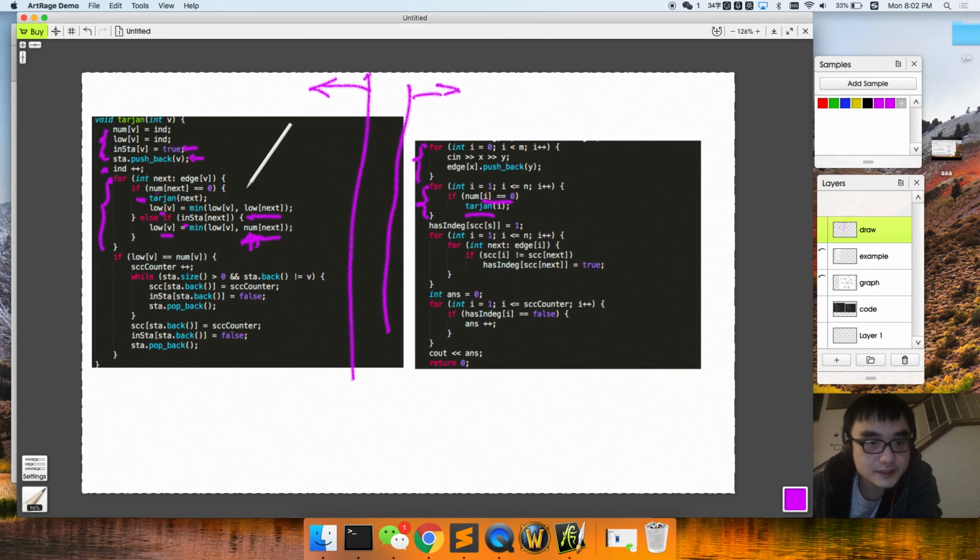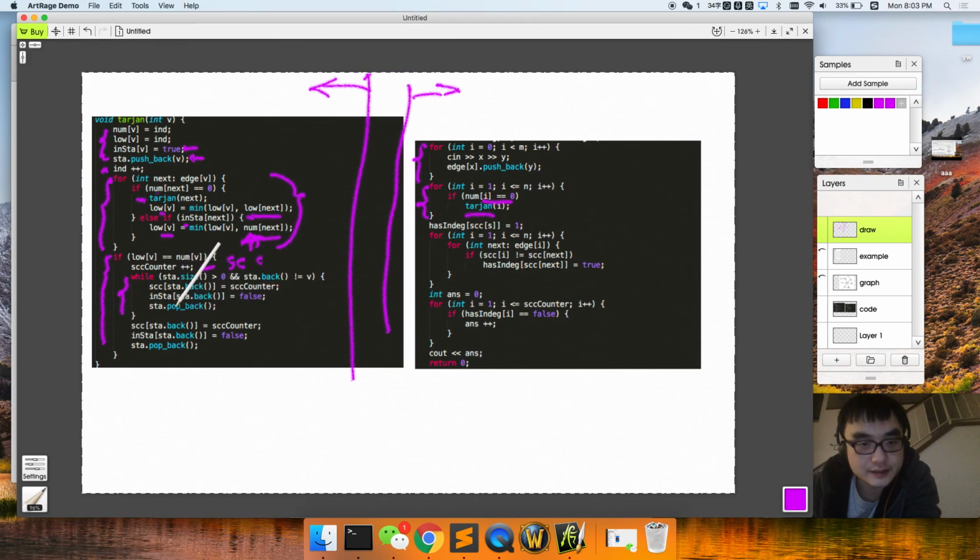And after all of those out degrees are visited, we come to the end to check if the number of itself is equal to the lowest number it can reach. If it is, that means we found another SCC, right? And we are going to pop all of those nodes in the stack and set them as the same SCC.